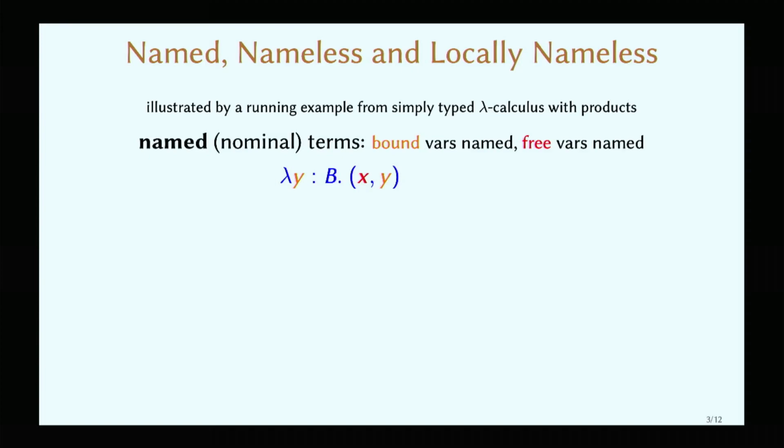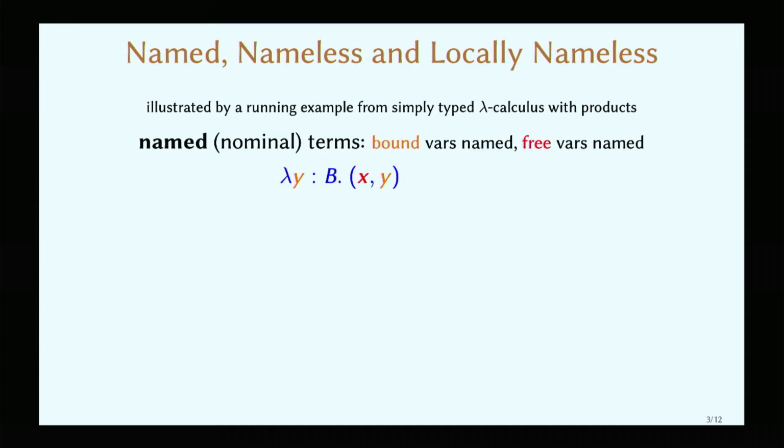In the usual named representation, you have some fixed countably infinite collection of names that you use to name variables, and both bound variables and free variables are named. So this y here is a bound variable bound here, and this x is free.